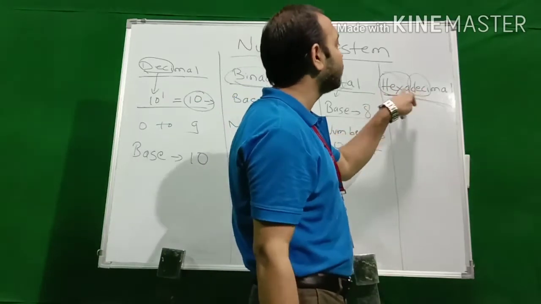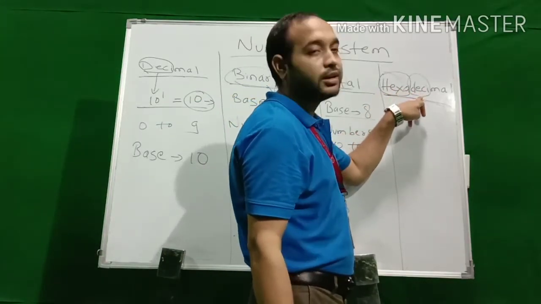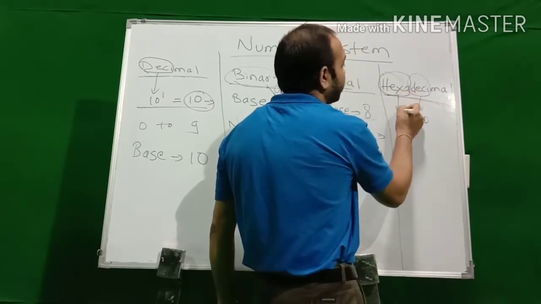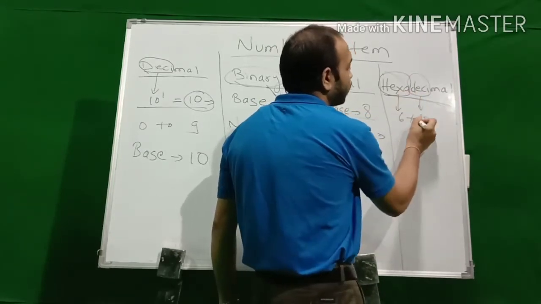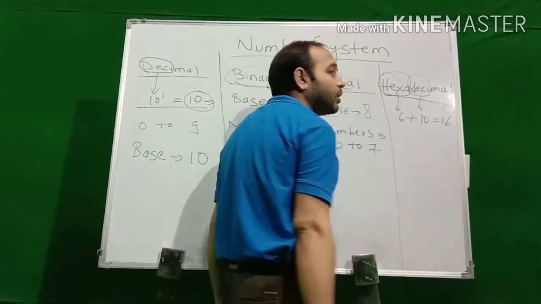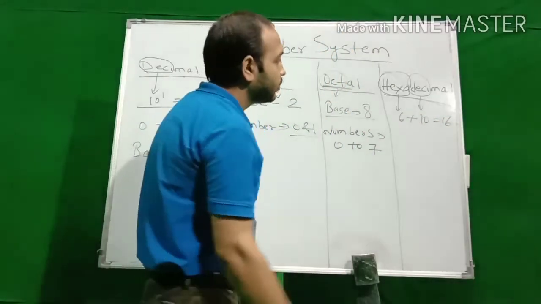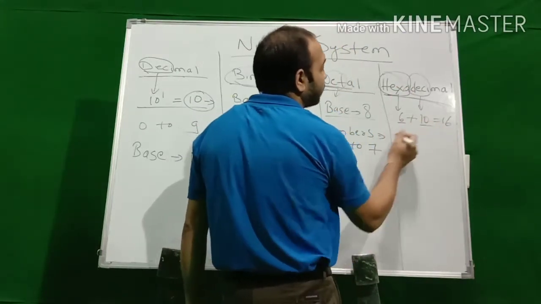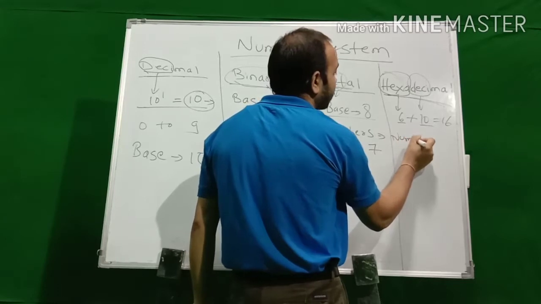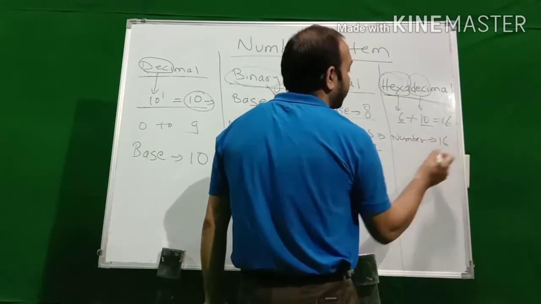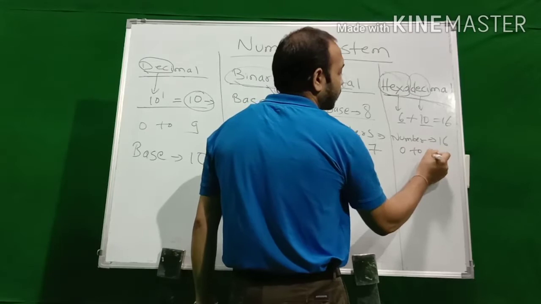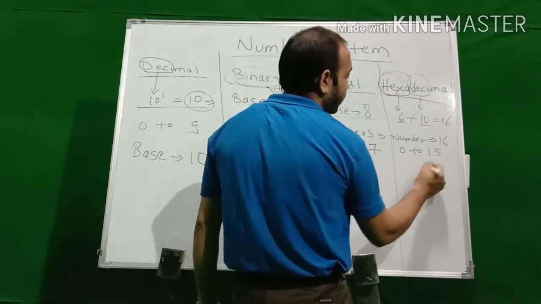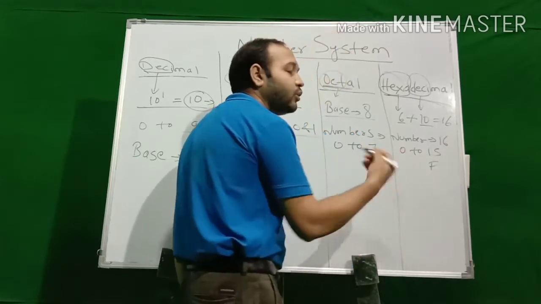In hexadecimal, deci means 10 and hexa means 6, so the total is 16. That's why we call it hexadecimal, because the total numbers here are 16. And what are they? 0 to 15. Normally we do not write 0 to 15, we write 0 to F, but actually it is 0 to 15.